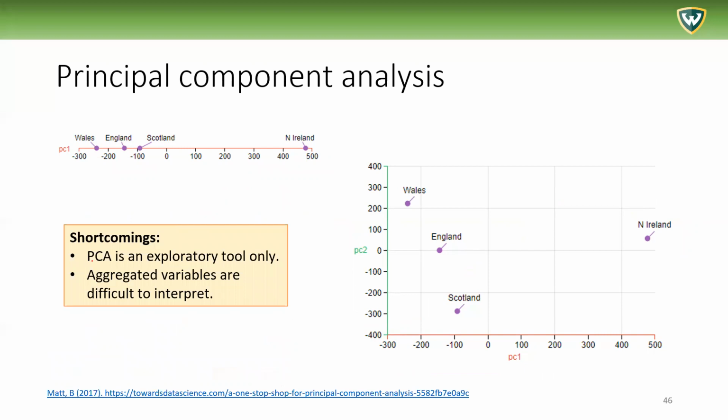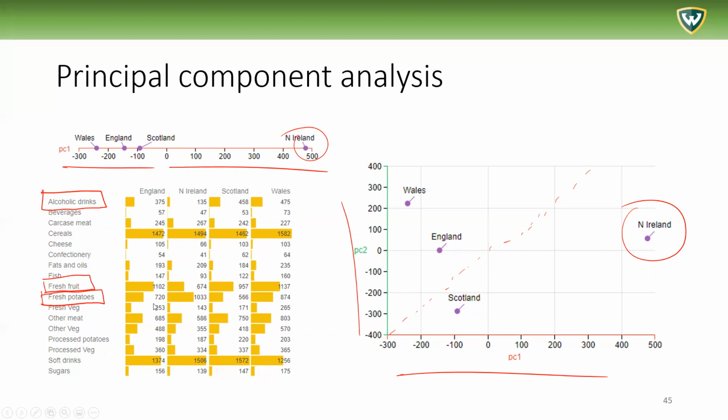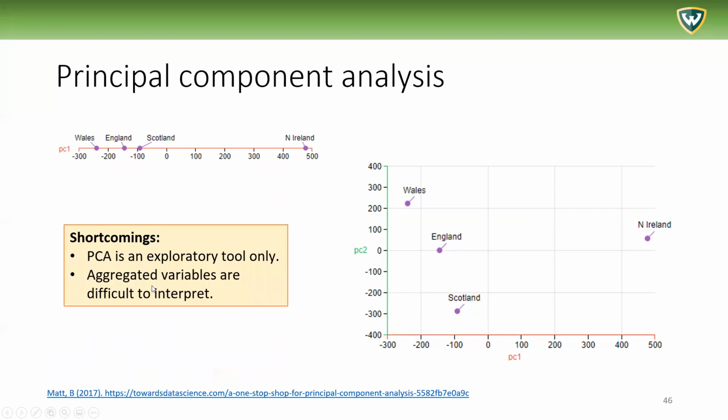So the thing is, PCA is an exploratory tool only. Notice how we had to go back and forth to understand. We go from the principal component analysis back to the data to better understand where the changes may be coming from. And the aggregated variables are difficult to interpret.